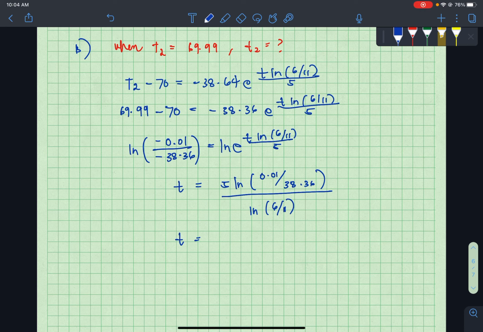So I need a calculator for this, so hopefully I can compute this one.